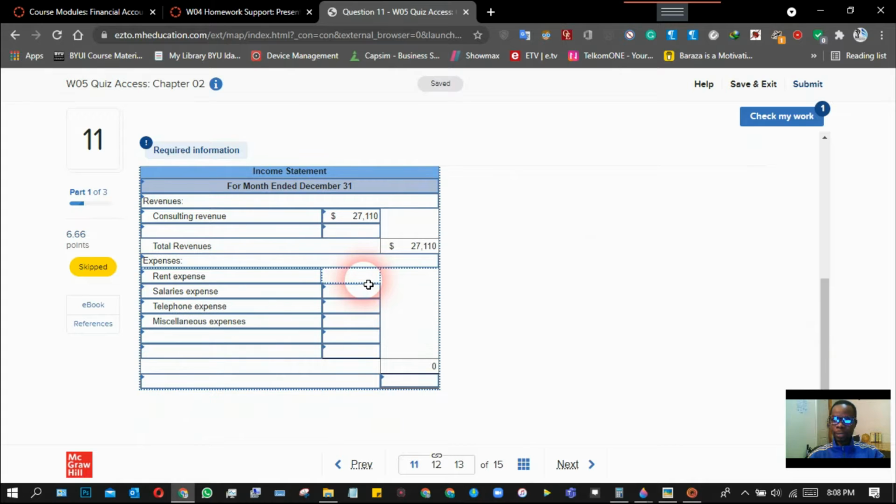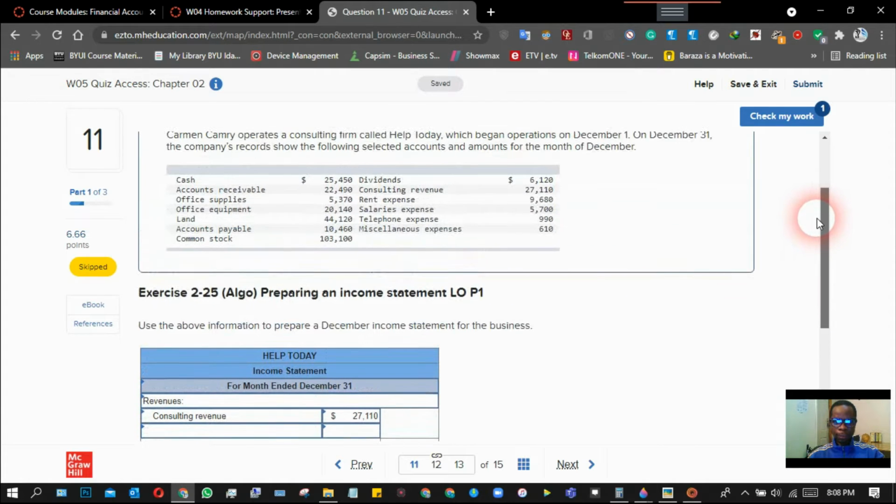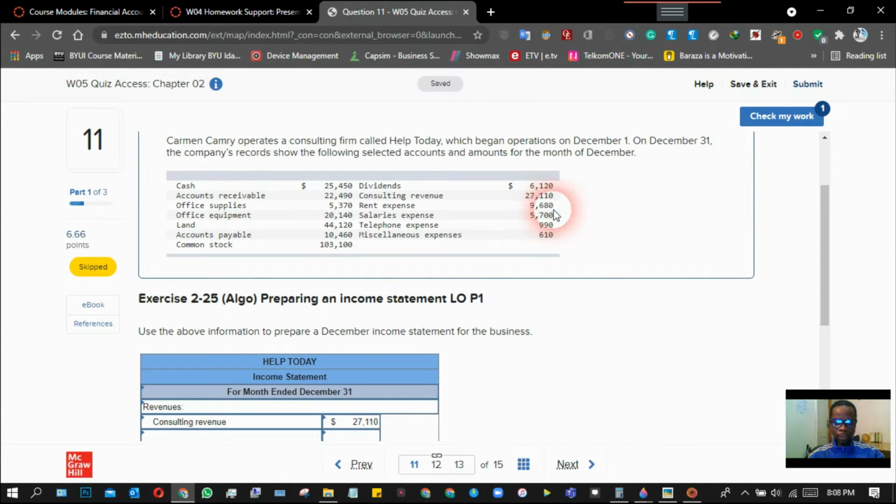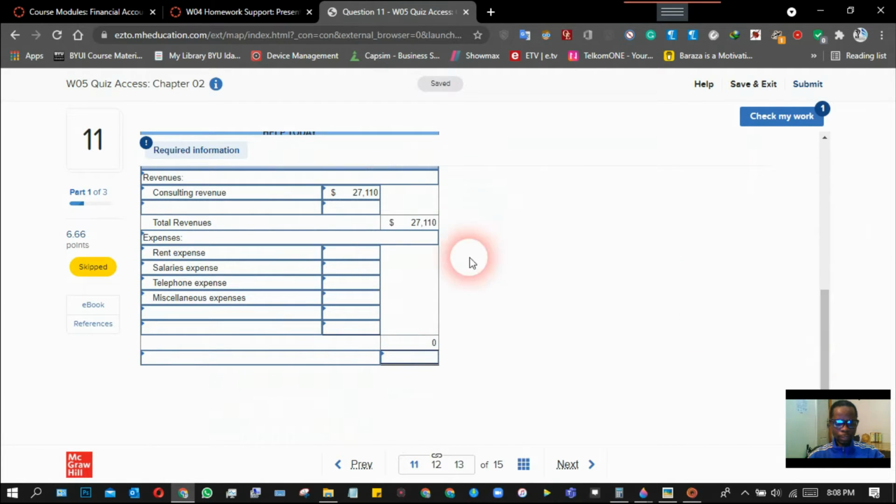Now rent expense is 9,680, salaries is 5,700, telephone is 990, and miscellaneous is 610.